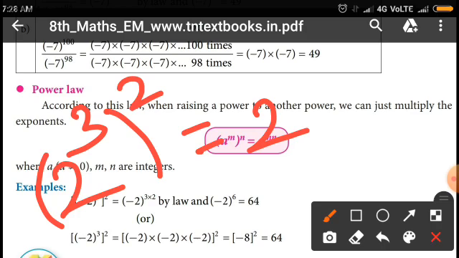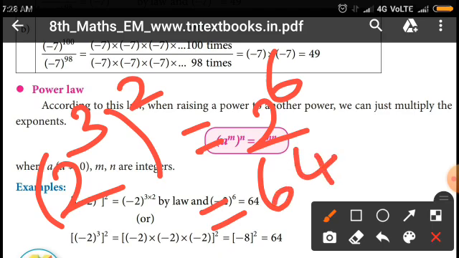This law is power of power. 3 twos are 6, 2 power 6, that is equal to 2 into 2 into 2 into 2 into 2 into 2, 6 times, 64. 2 power 6 is equal to 64. Okay.